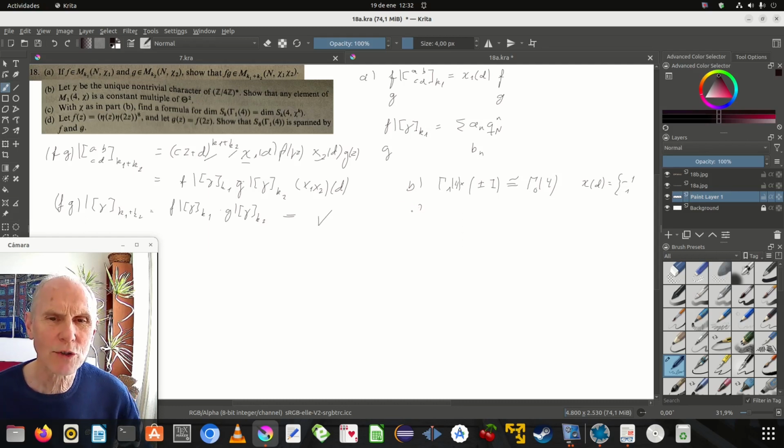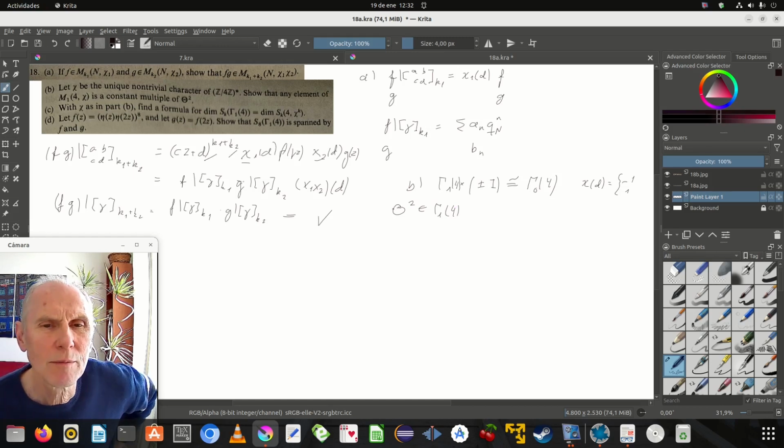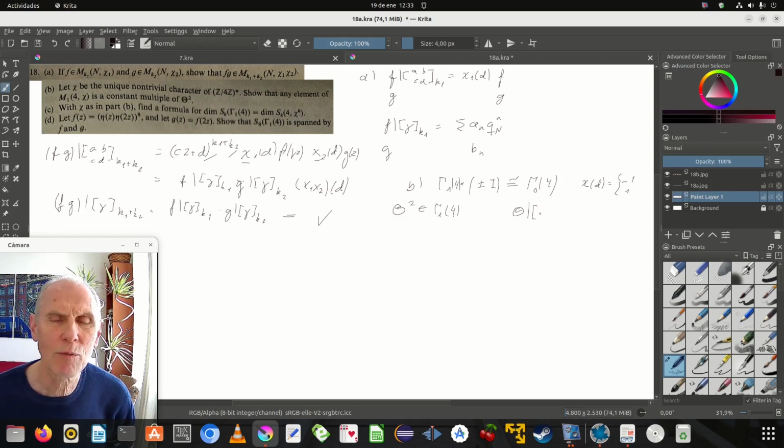Well, I would like to show, of course, that theta squared lies in gamma 1 of 4. And then afterwards, that gamma 1 of, which one do we need to get? It's minus unity.